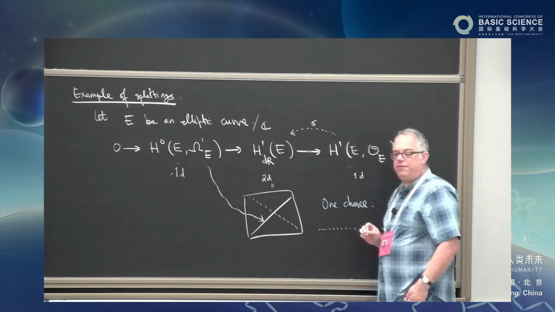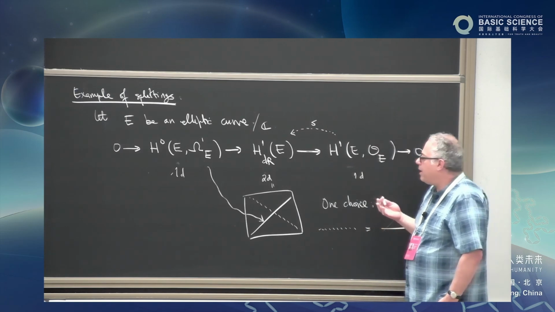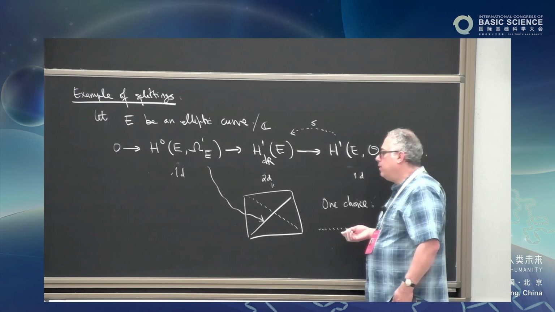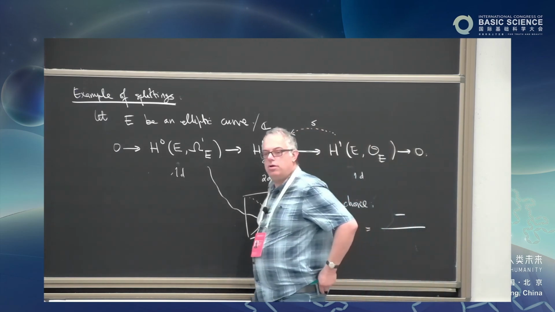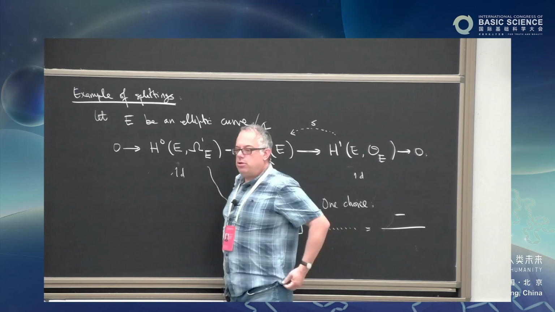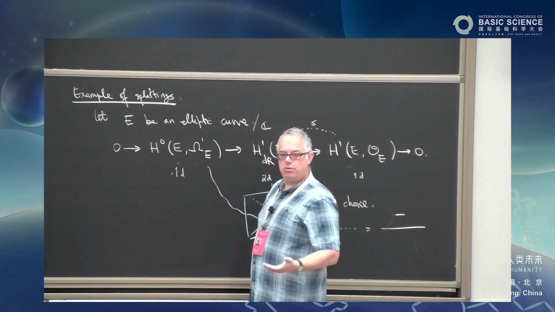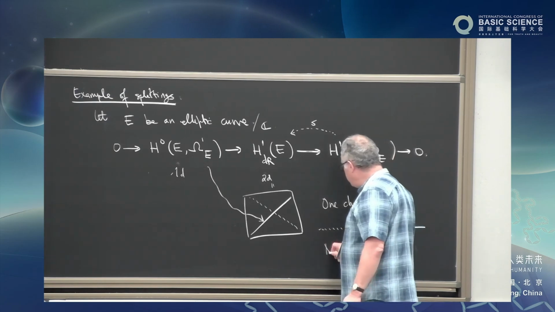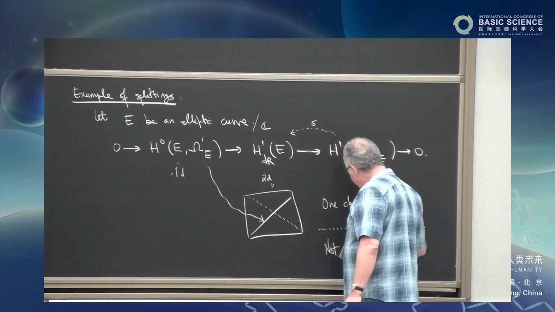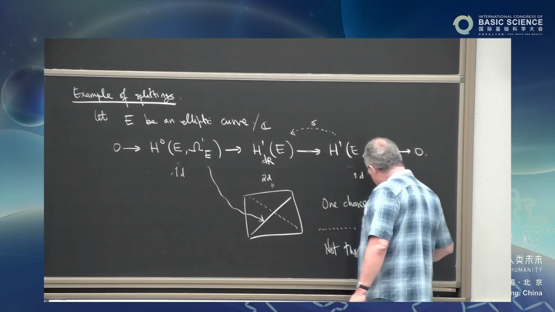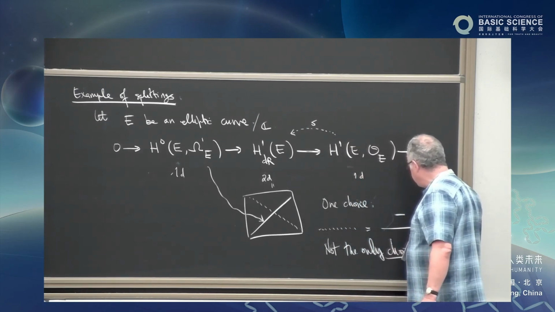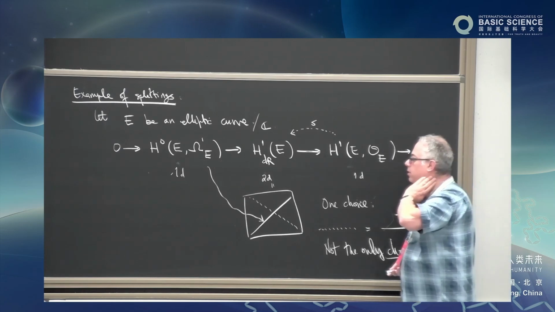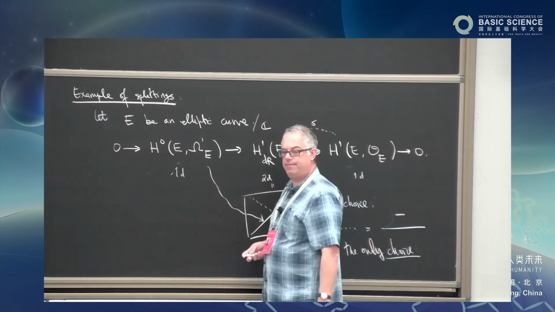And if you read Griffiths and Harris, there is no discussion that you could ever take any other choice. In fact, most definitions of a Hodge structure put this condition that H^{q,p} equals H^{p,q} conjugate. But this is not the only choice. And I want to super emphasize this fact. In fact, there are many choices, and for mirror symmetry, we need a different choice.